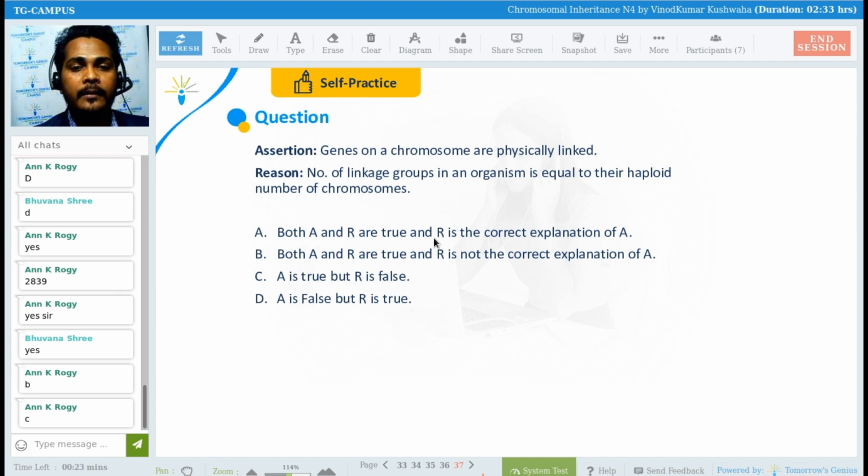Okay. Now here, genes on the chromosome are physically linked, and the number of linkage groups in an organism is equal to their haploid number of chromosomes. Now you have to tell me which option is correct for this particular question.